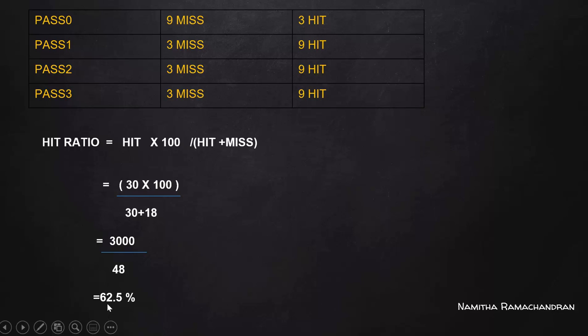So this is 62.5 percent. Okay, so this is the solution for the given sequence of memory access. That particular memory access is repeated 4 times. The first case is based on direct cache mapping and the second one is based on four-way set associative cache mapping. Okay, thank you.